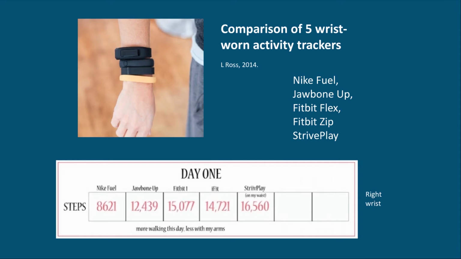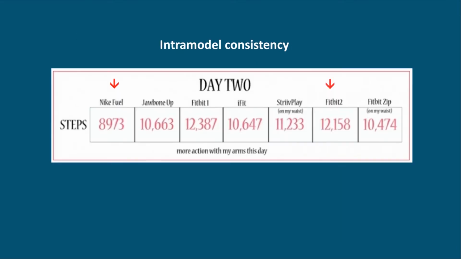As long as you stay with the same device through the course of care, it probably just shows changes in activity patterns. But if you're mixing and matching various devices, you're going to get apples and lemons. I mean, really, artichokes and oranges, it's not going to be even close.